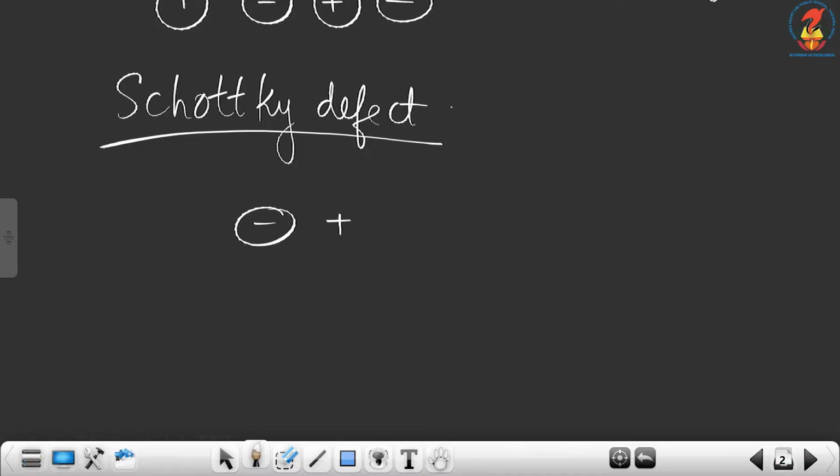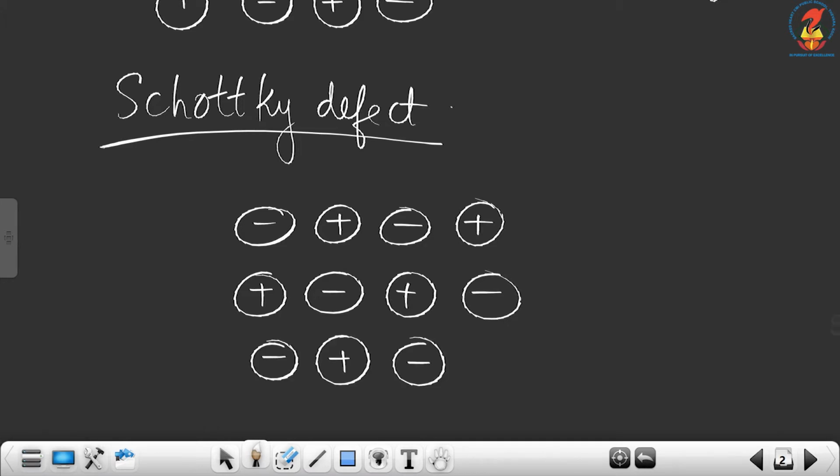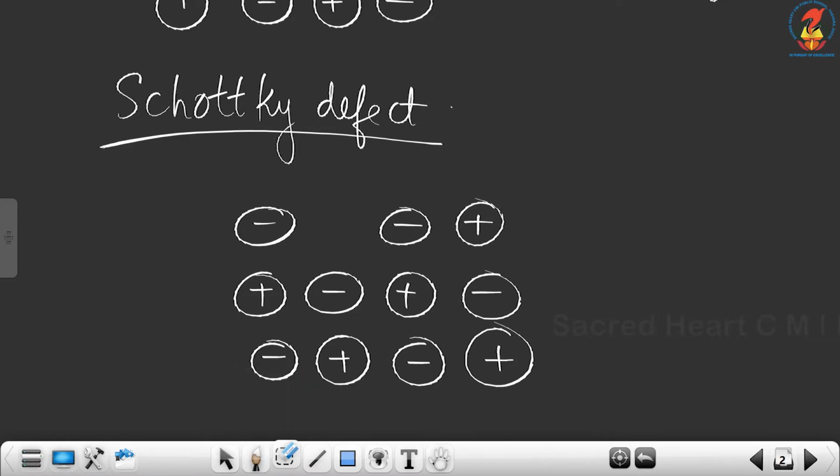Again we have plus and minus ions. Now equal numbers of cations and anions are missing. So if one plus ion is missing, one minus ion will be missing. Again, if one more minus ion is missing, one plus ion will be missing.